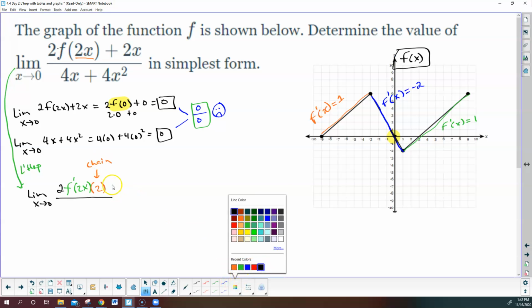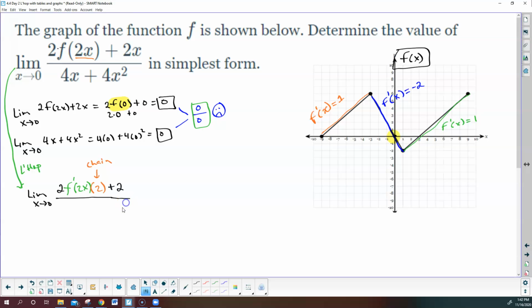Okay. And then the next piece is the derivative of 2x. Well, that's just 2. And on the bottom, this is just a power rule. The derivative of the bottom is 4 plus 8x. Now we're going to do the same thing all over again. I'm not 100% sure, but notice this.